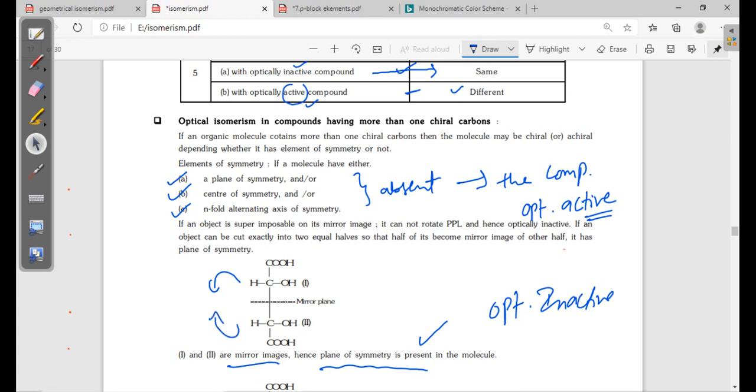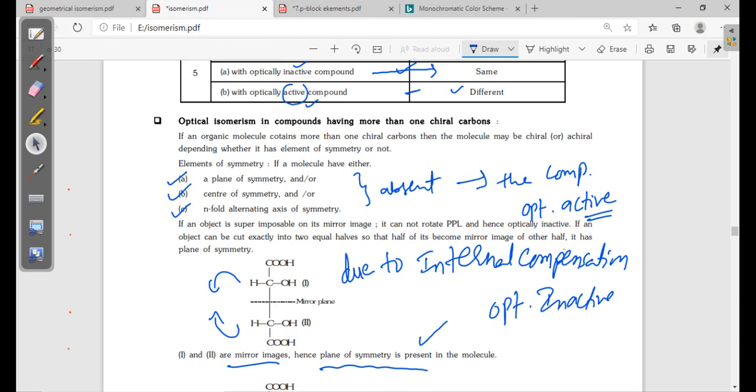So due to internal compensation, just before I told you in case of racemic mixture, due to external compensation, that is optically inactive, but here due to internal compensation it is optically inactive.